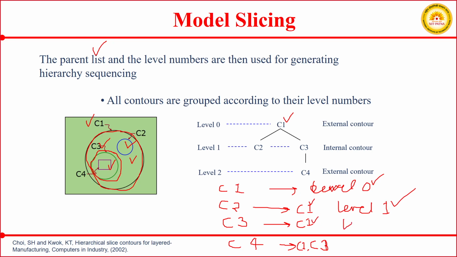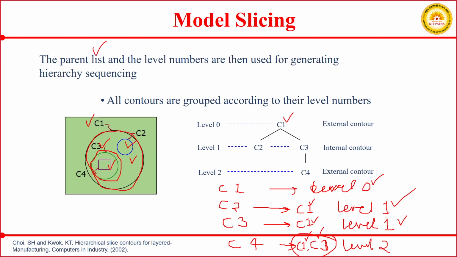Increase the level of parent, it will be 1, right? For C4, what is the highest level, C1 or C3? The highest level is level 1, because for C1 the level is 0, for C3 the level is 1. And we need to increase by 1, it means the highest value 1 plus 1. So this will be level 2.